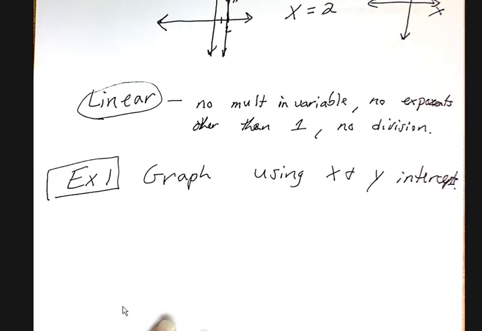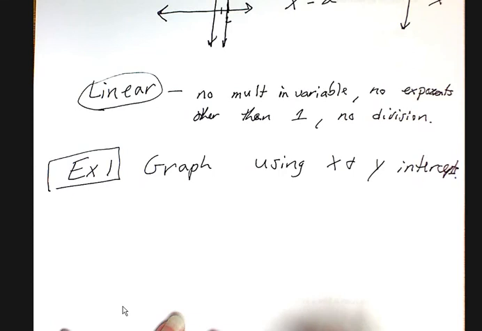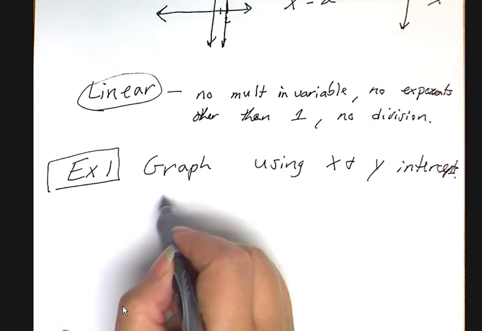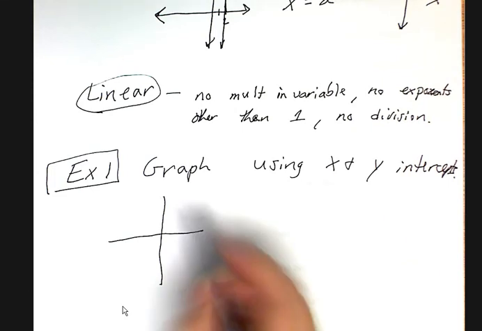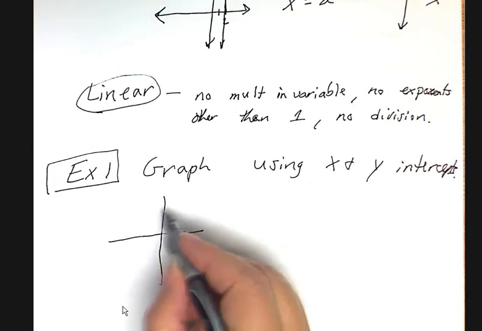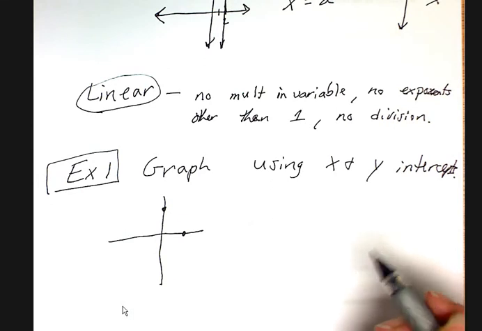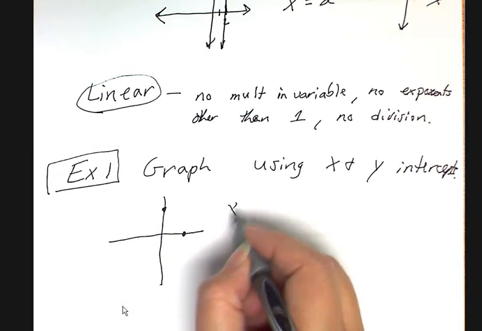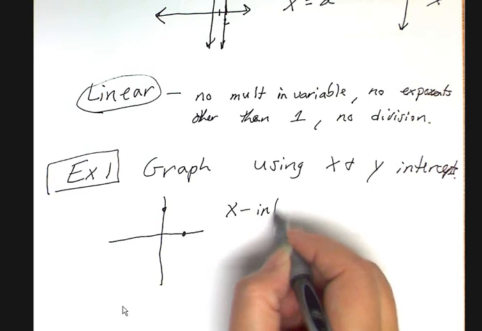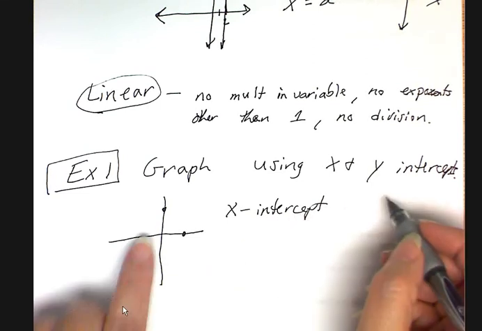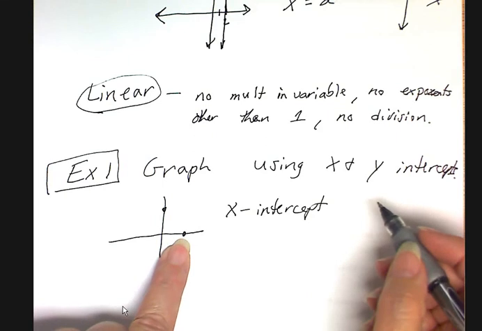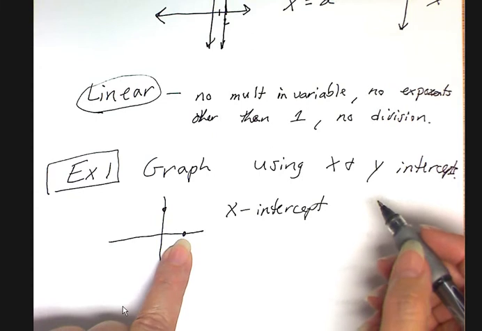Your intercept, remember, is where it crosses your x and y axes. X-intercept is where it hits the x-axis. Y-intercept is where it hits the y-axis. So your x-intercepts, you have to tell me what a possibility of this could be. What could be a possibility of this point?